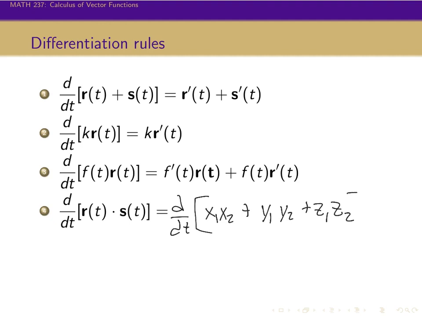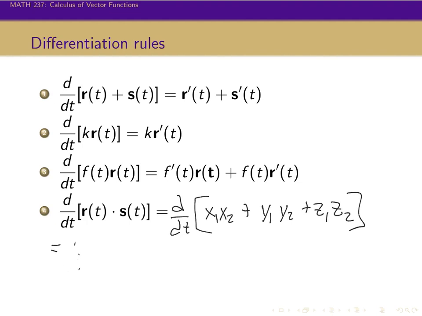These are all functions. I'm dropping the (t)s to save some space. And so now we're taking the derivative. Well, now we have the sum of three products. And so we're going to do the product rule on each of those. I'm doing the derivative now, so I can drop the d/dt.